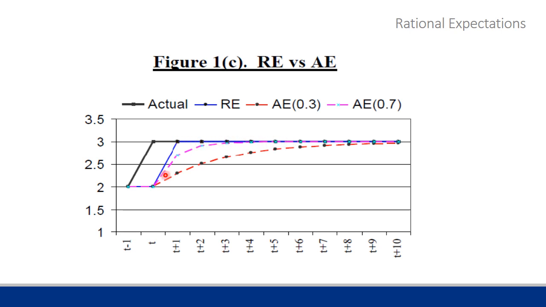Under adaptive expectations, we can see that whichever choice of lambda, and here we've given 0.3 and 0.7, there is some sluggish catch-up, but eventually AE converges to the correct result. We can see the difference here quite clearly between rational expectations, which uses more information, and how fast it catches up, with adaptive expectations, which never seems to catch up completely.